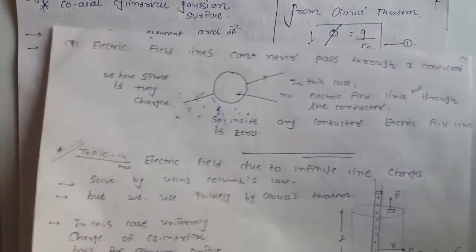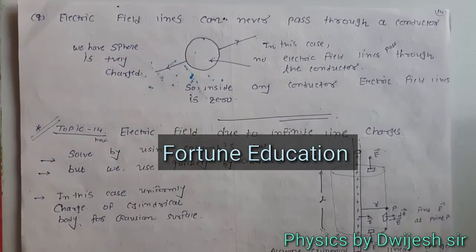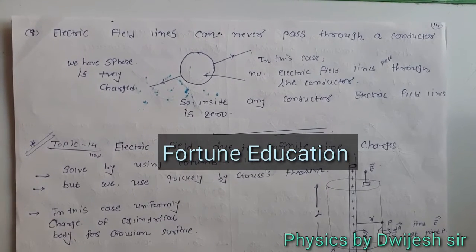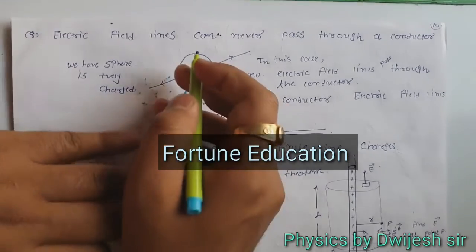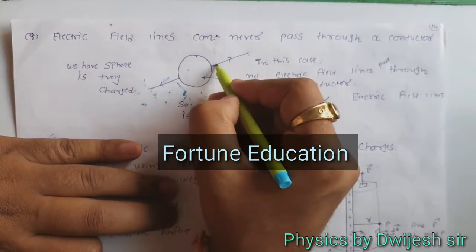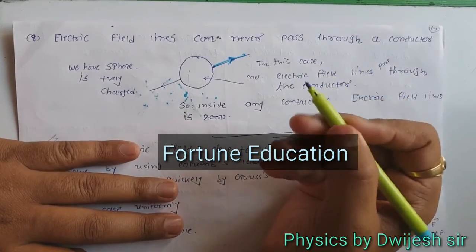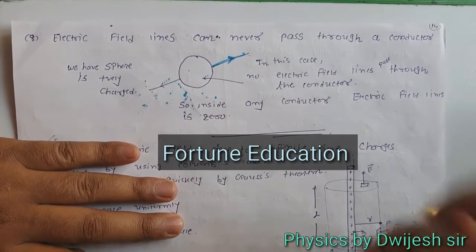The last and final property is that electric field lines never pass through a conductor. Here we draw a conductor. Now this is the electric field, and we know that the electric field is always directed perpendicular to the surface, in the outward direction.